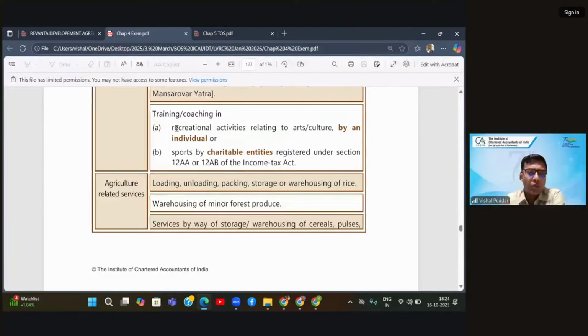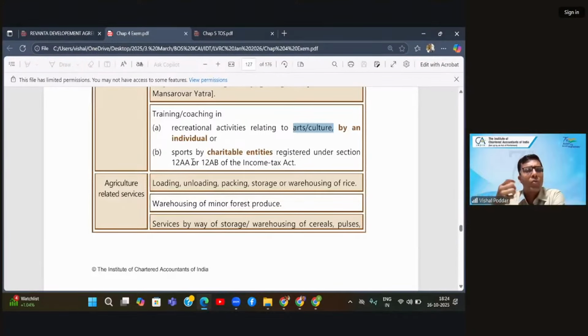In this one, one more entry is covered, which is not part of charitable, but since it is under the same entry: where any individual is training you in any art or cultural form, like any dance form or any music, but the condition is it should be a form of art or culture.